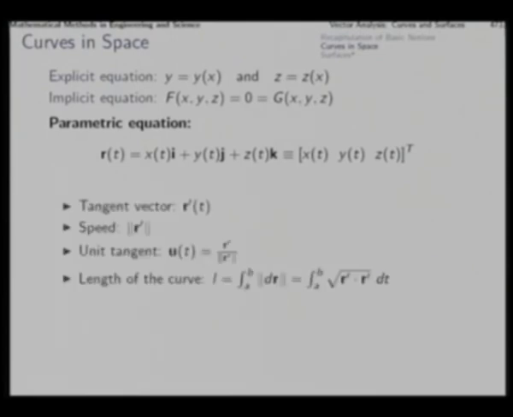If you differentiate this vector function of the scalar variable, then you get this derivative, and this is called the tangent vector.